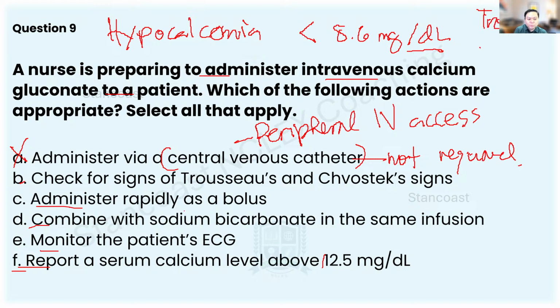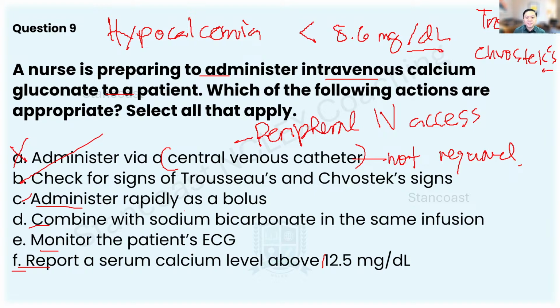And with the tapping of the cheek, it can lead to that Chvostek sign. So these are signs of tetany, actually. Increased irritability of the muscles because of the lack of calcium. So B is one of those actions that you should be doing. What about letter C? Administer rapidly as a bolus.